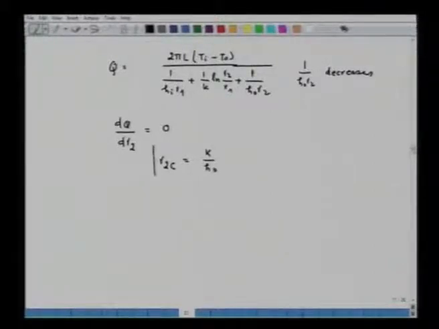So, this relation represents that there is a concept of critical layer thickness above which the heat loss will increase rather than decrease. So, the prevailing concept that if you increase the lining thickness you will decrease the heat loss is not true. There is a critical insulating thickness which depends upon the thermal conductivity of the material and the heat transfer coefficient from the outer surface of the furnace to the surrounding.